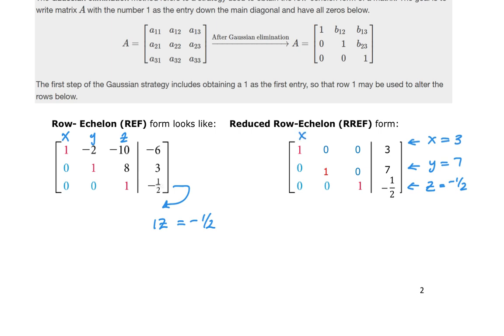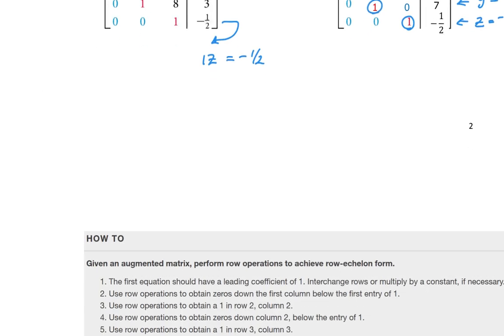Because this is x times 1 is equal to 3, this is y times 1 is equal to 7, and since this is the z, this is z times 1 is equal to negative 1/2. So if your calculator does the row reduced echelon form, that's what you want, because it'll make it easier and you can go right to the answers.